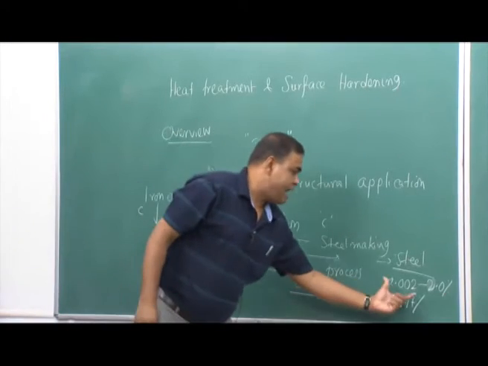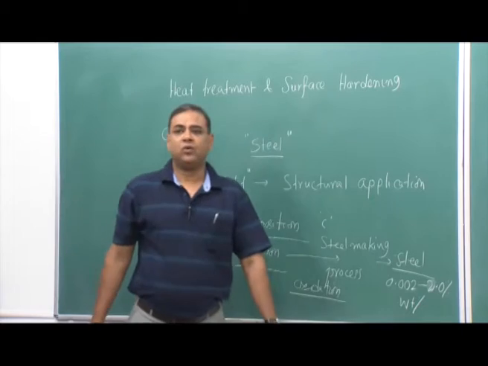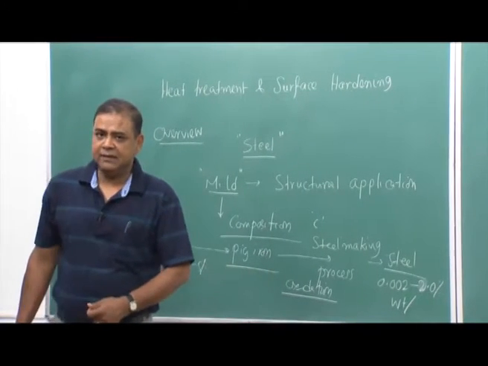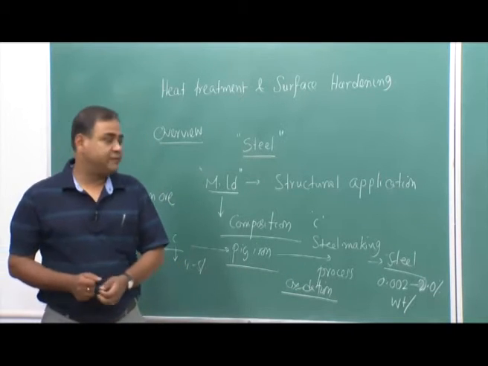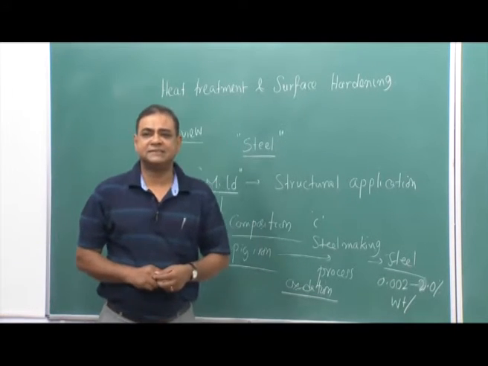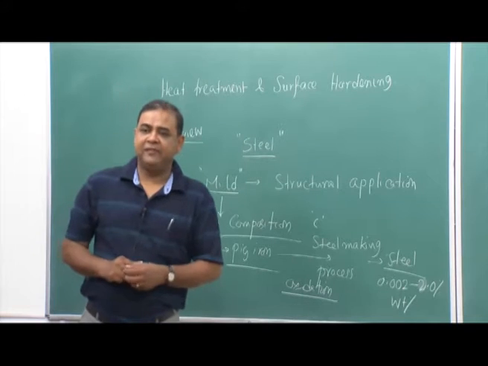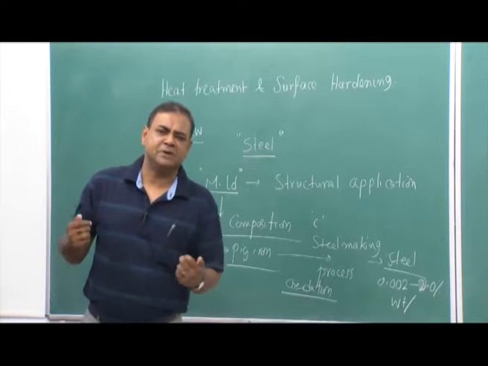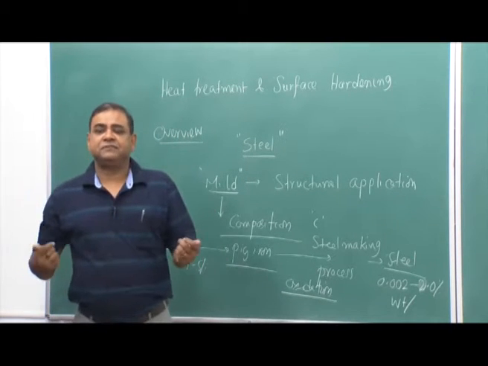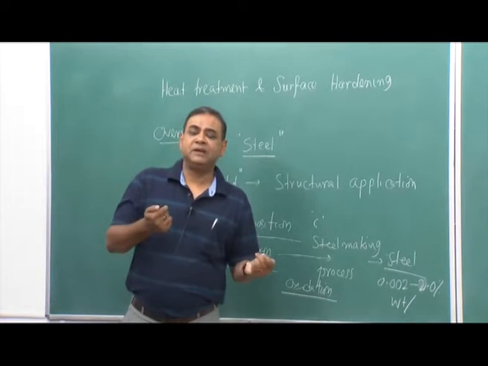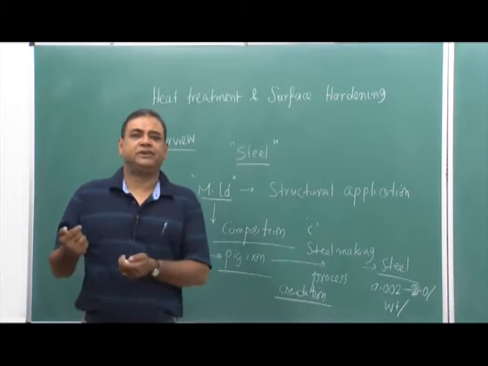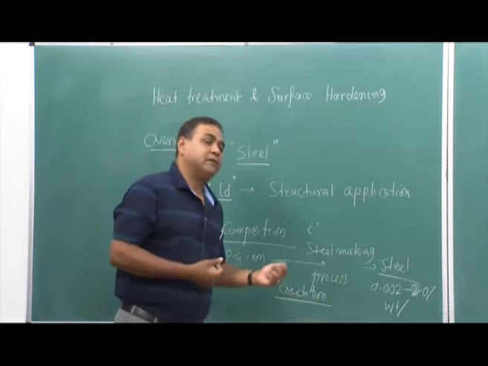And whenever we have carbon in this range, we call it a steel, which is nothing but a carbon iron alloy, and the carbon stays in the interstitial position. Those interstitial positions are nothing but, in the crystal structure, interstitial voids, which are octahedral or tetrahedral voids, and there we have carbon.